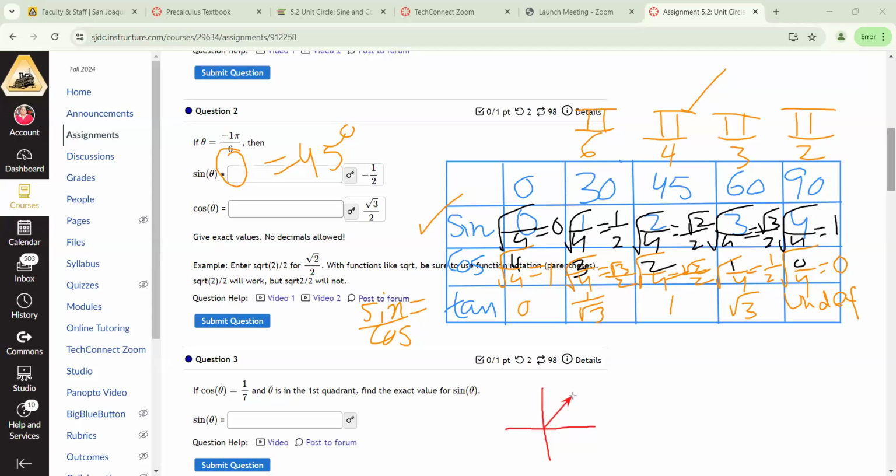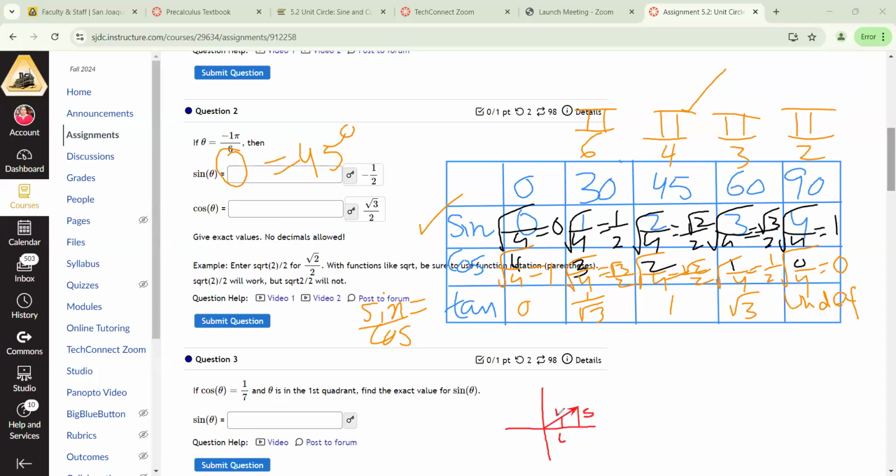So let's suppose it's here somewhere, or here somewhere. I don't know where that is, but it is somewhere there. And we can make a triangle here. We can say, okay, this side is cos, this side is sine, and this is the angle theta.